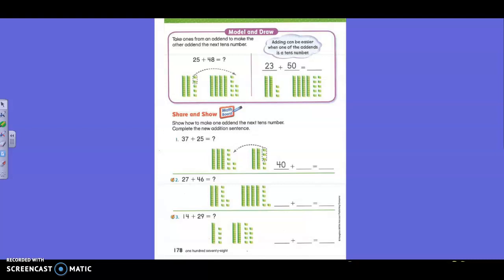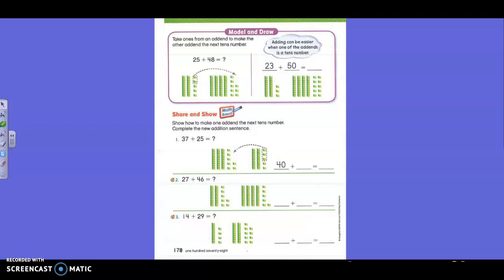Okay, so boys and girls, you're taking ones from an addend to make the other addend the next tens number. So they did 25 plus 48. They had 2 tens, 5 ones, and then 4 tens, 8 ones. Now they're going to take from the one that has the least number of ones and give it to the one that has the most number of ones.